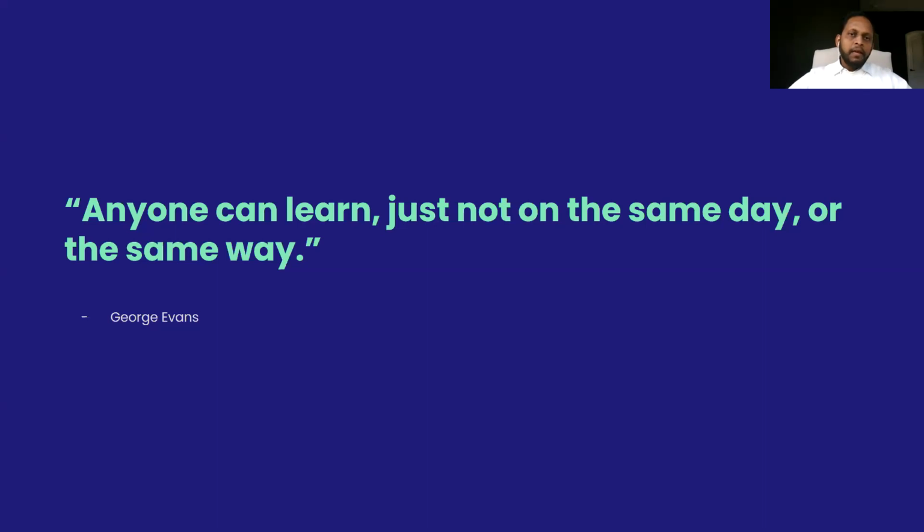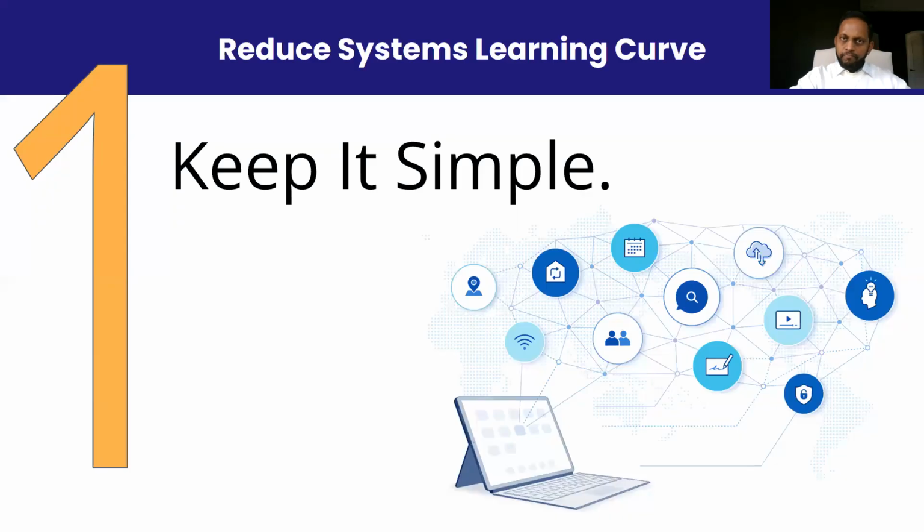Okay. Now we are going to talk today mainly about the 5 points which can help an employee or a learner's engagement. The first and most important point is to make it simple. We want one door entry.